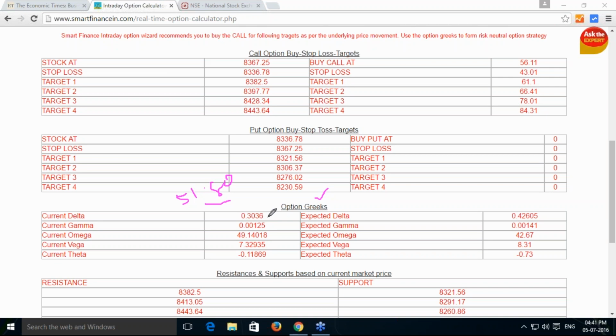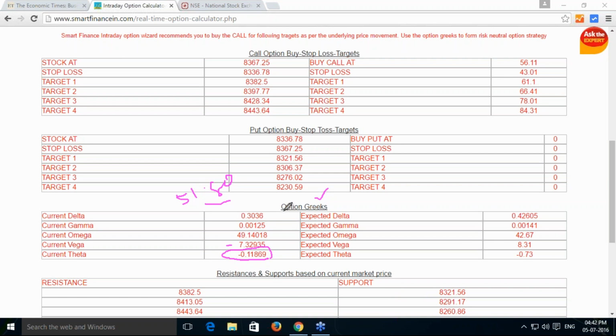Each 1% fall in the volatility will bring 7% decay in the time value. Theta is the time value decay per day, which can happen as you proceed nearer to your expiry date. So this is the meaning of delta, theta, gamma and vega.